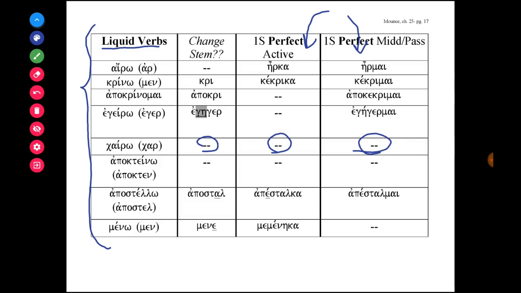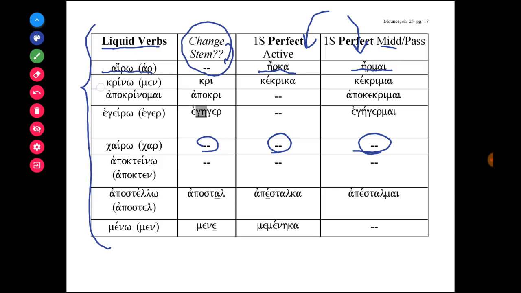But for the words that we've gone over so far, airo, notice that it tells you whether there's a stem change or not, and for airo it's one of the few that don't have a stem change. To say I have taken up or I lift up is erka, and to say I have been lifted up, or the middle form, I myself have lifted up, it's ermai.